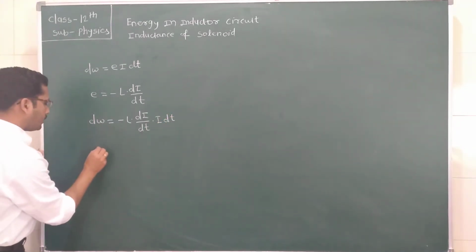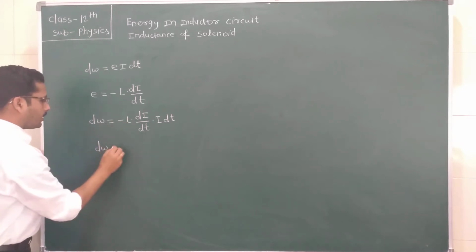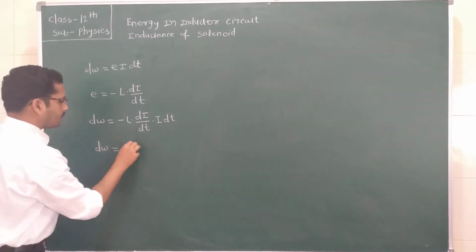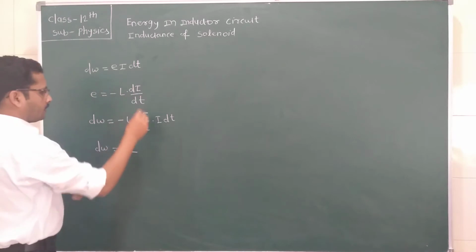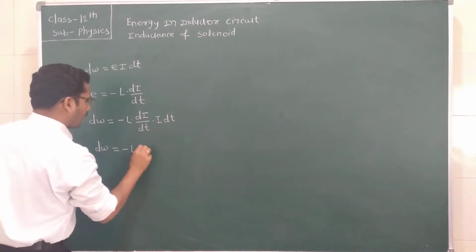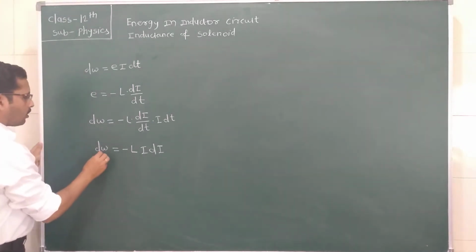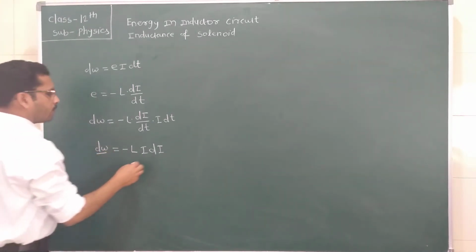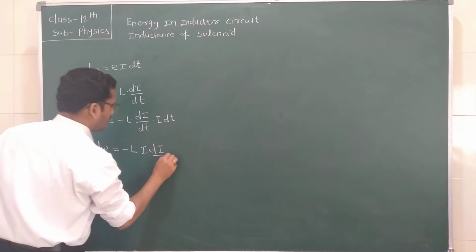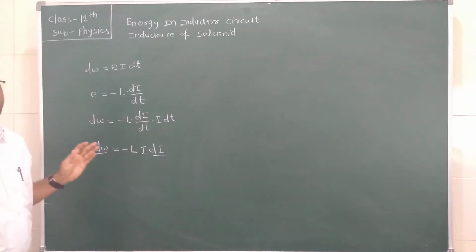The dt gets cancelled, so dW is equal to minus L I di. This is the small amount of work done to produce an induced current di in the inductor.